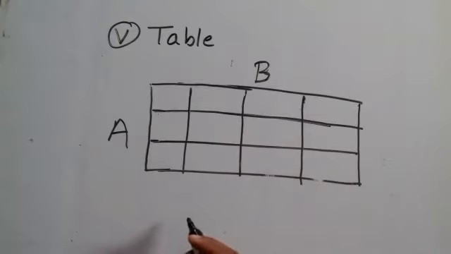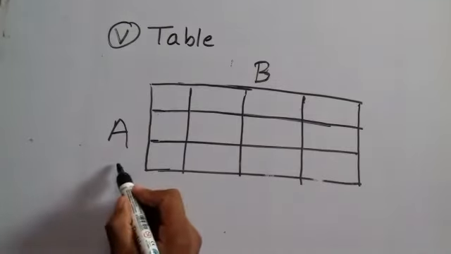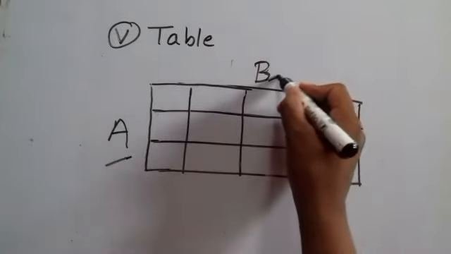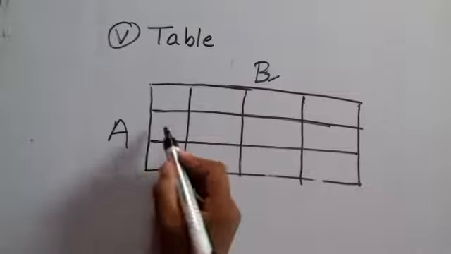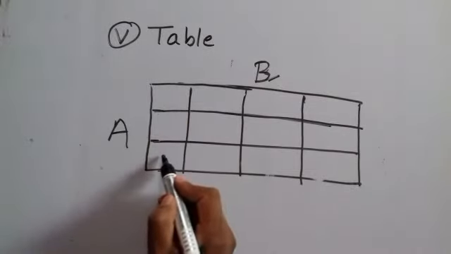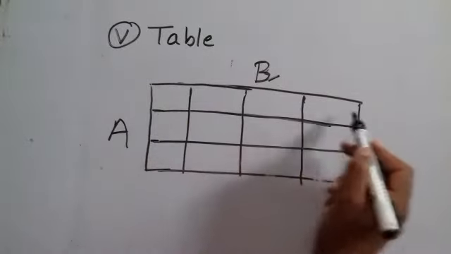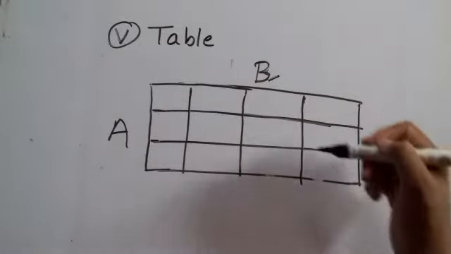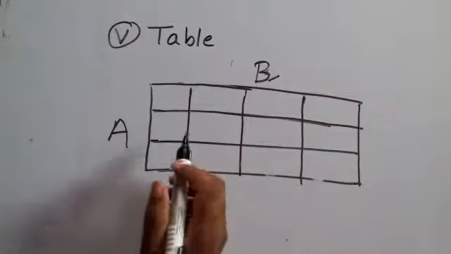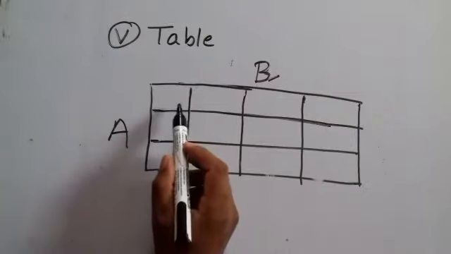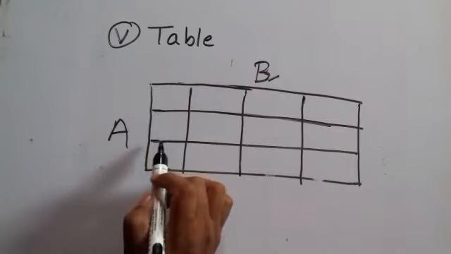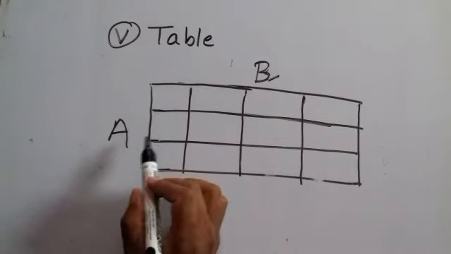For representing Cartesian product in the form of table, we draw the first set here, then the second set here. The horizontal lines are called rows and the vertical lines are called columns. We draw one extra row and column than the number of elements.